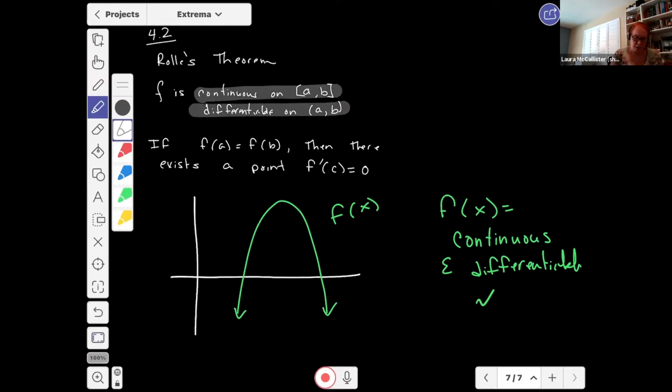All right, so let's talk about what this means and really unpack it. It says if f of A is equal to f of B. Well, what do I have right here and right here?